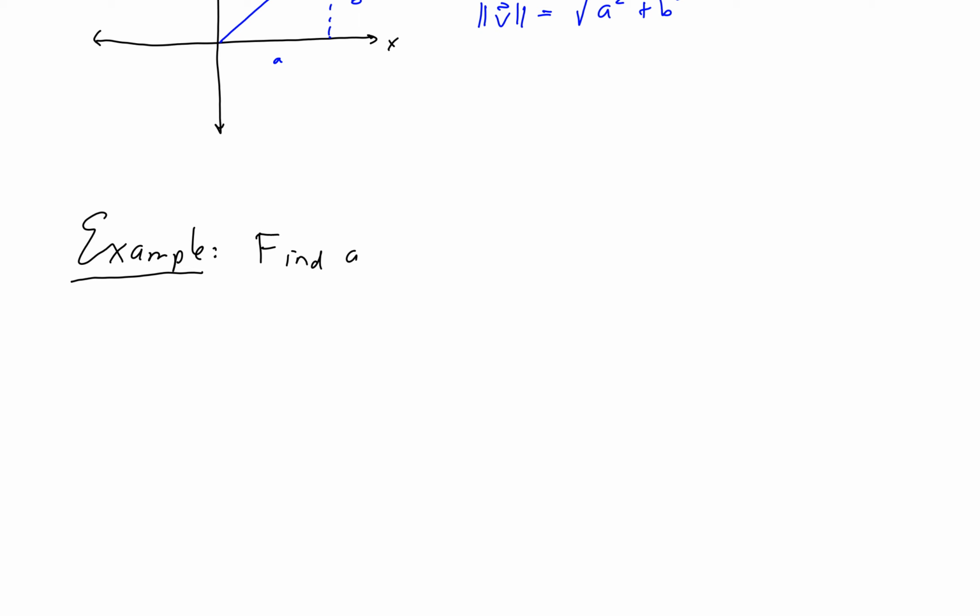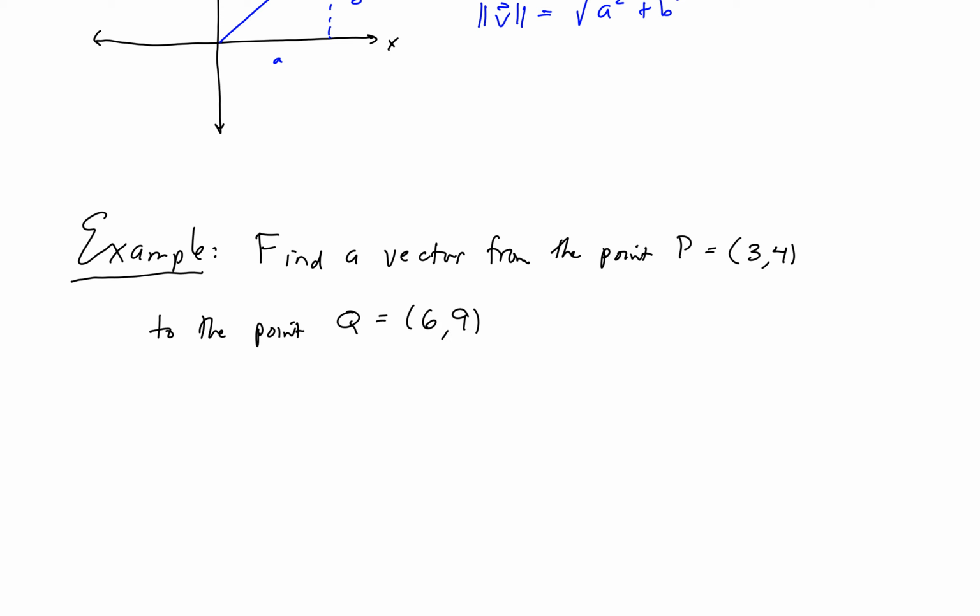Okay, so let's find a vector from the point P. So this is going to be (3, 4). Notice these are parentheses, so this is just a point, not a vector, to the point Q, which is, say, (6, 9).